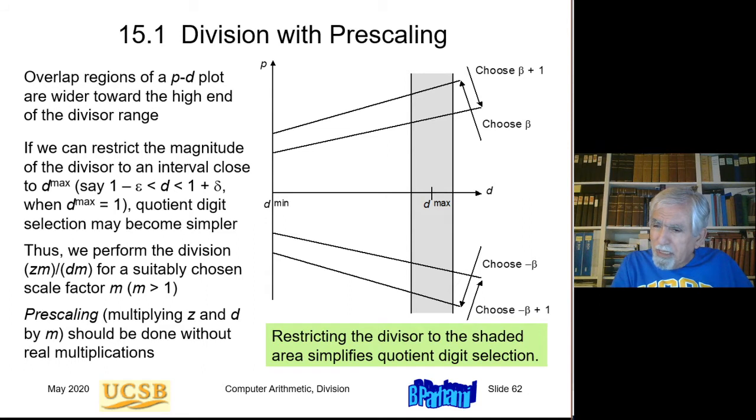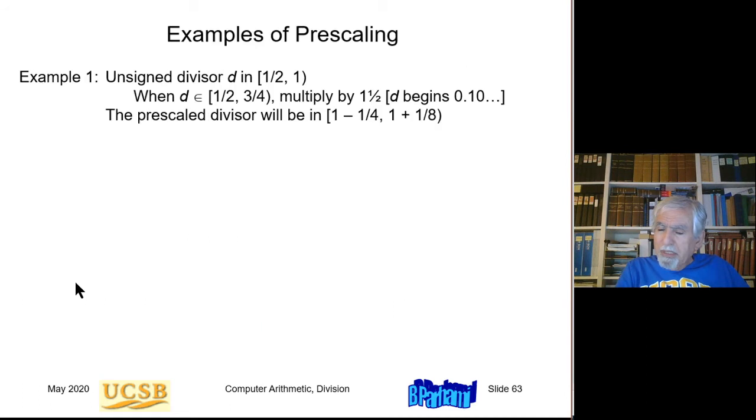But how much do I save because of that to justify two multiplications? So these multiplications I try to do by shift and add so that they're not real multiplications. I'll show you examples of how this is actually implemented.